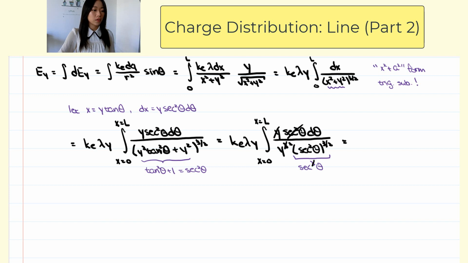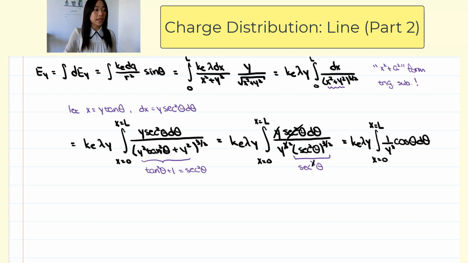This equals Coulomb's constant times lambda times y, times the integral of 1 over y and 1 over secant theta. 1 over secant theta also equals cosine theta. And this is for x equals 0 to x equals L. Then we can substitute the cosine theta. From how we defined it here, we have tangent theta equals x over y.